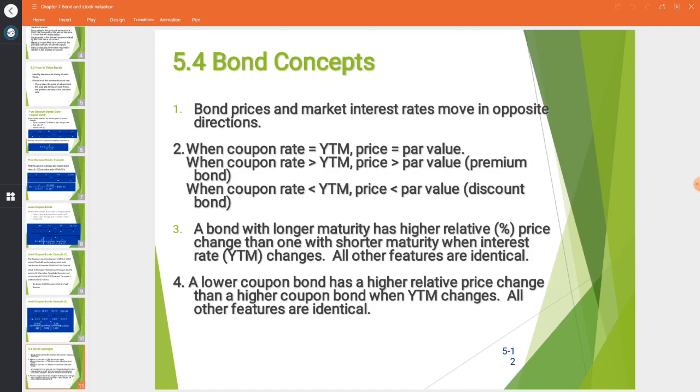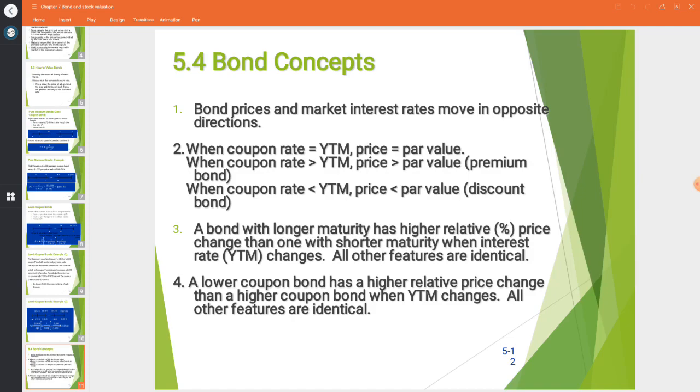So for longer maturity, the percentage change in its price is higher than the change in the price of shorter maturity when a YTM changes, assuming that all other features are identical.